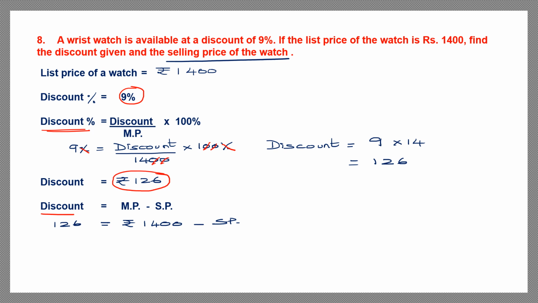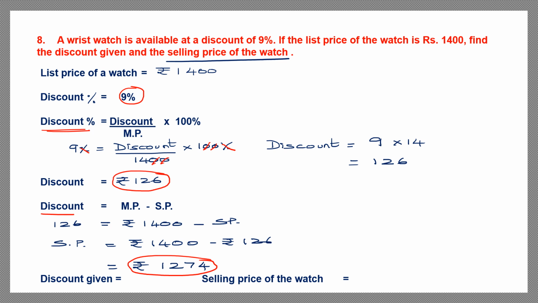Now we are bringing the selling price to the other side, so the minus becomes plus, and we're going to take this 126 to the other side. So this becomes 1400 minus 126. So the selling price will be 1274.